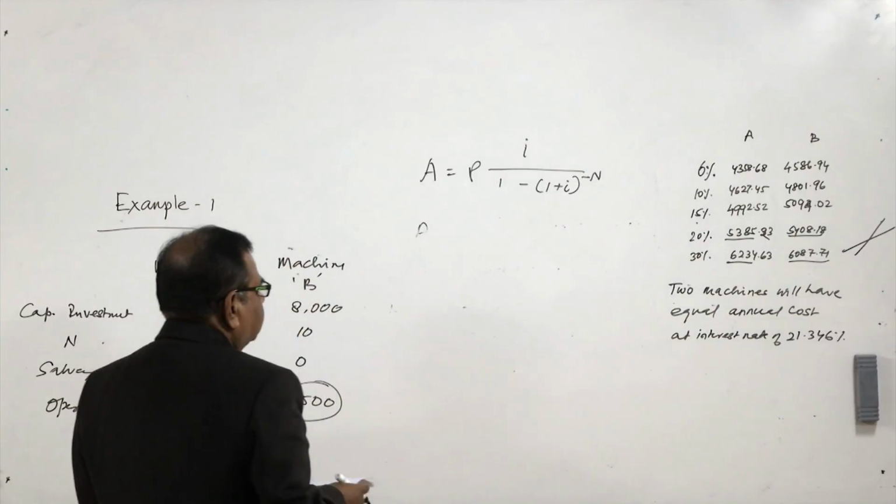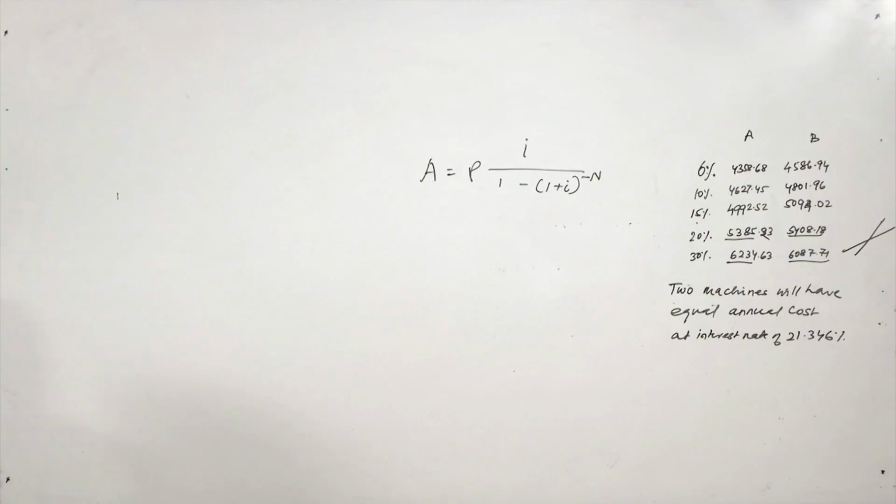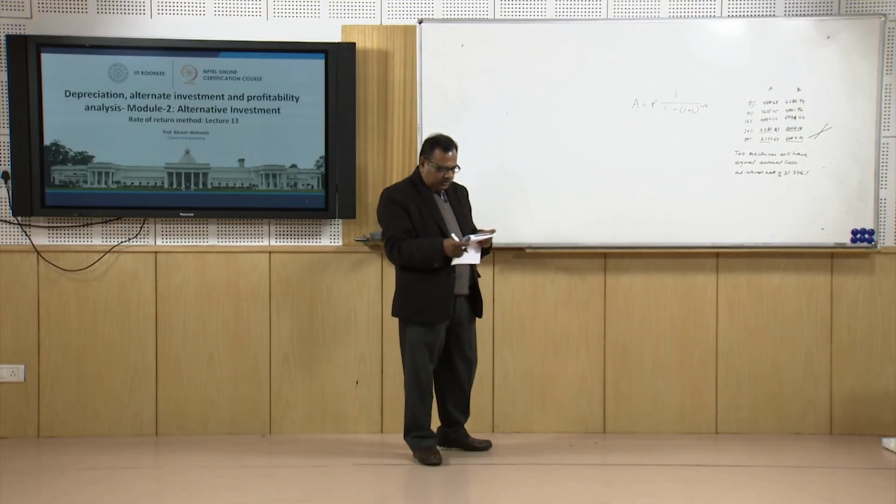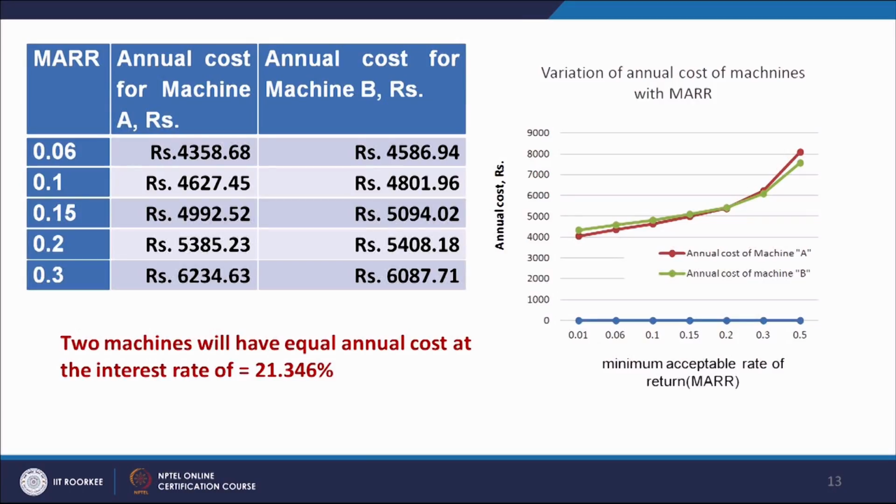Now, how to calculate this? Here from the table we have seen that the annual cost of machine A becomes higher than machine B after 20% MARR. Thus, both the machines will have the same annual cost between 20% and 30%.